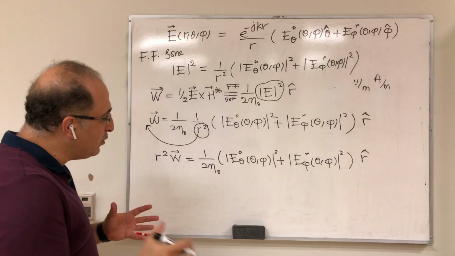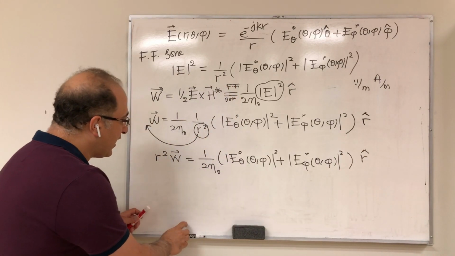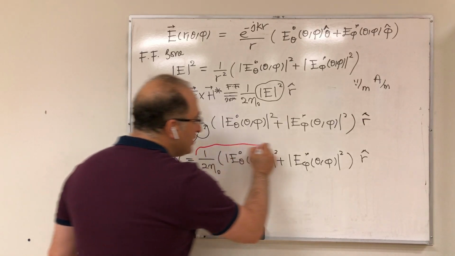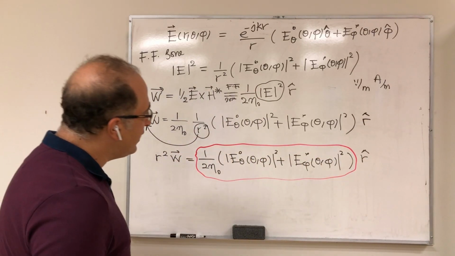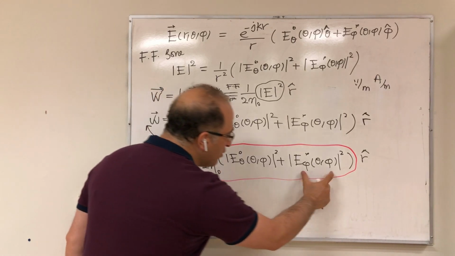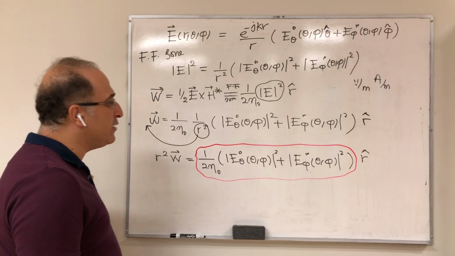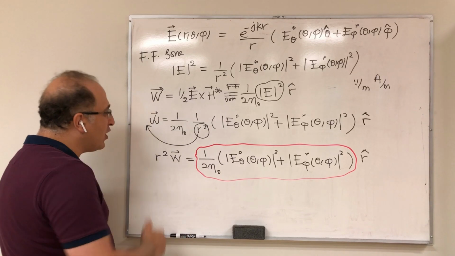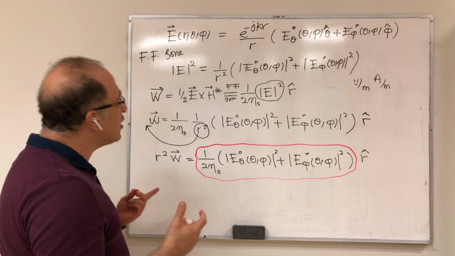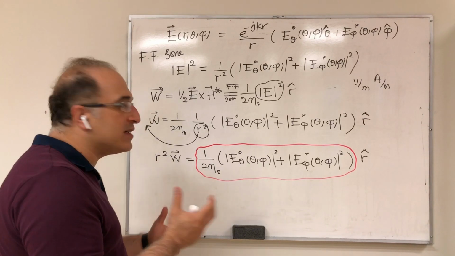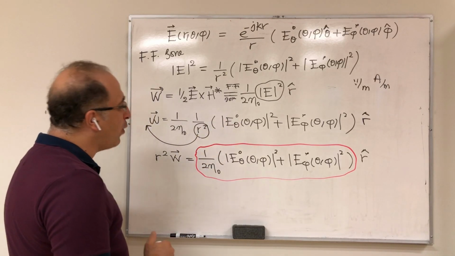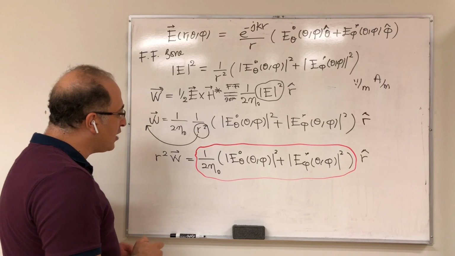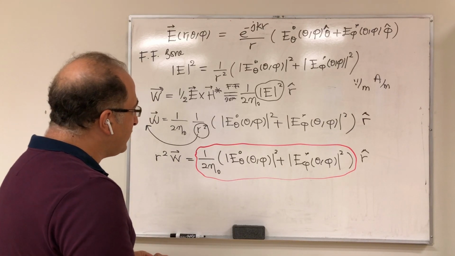Now, if you look at this quantity that I have here, it doesn't have any R. This is just about the angular dependency of E theta and E phi. I actually have the R squared here, and the reason I could do that is that everything is very simple in the far field zone. So this R squared is shared by both of them. So I just take it out, and I'm going to have it on the other side.